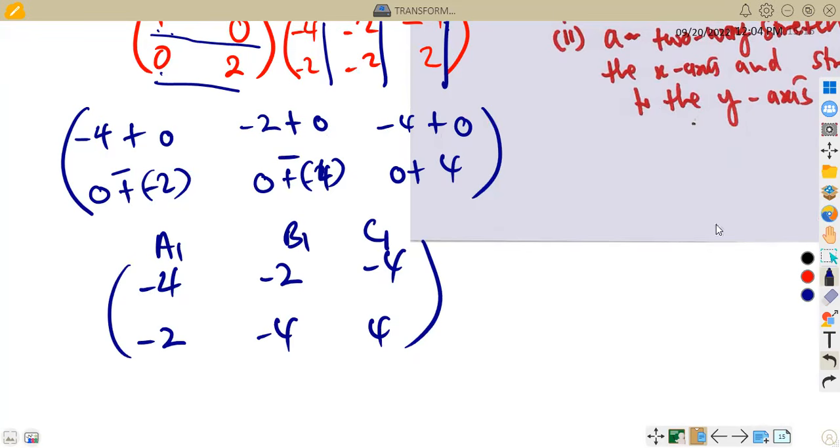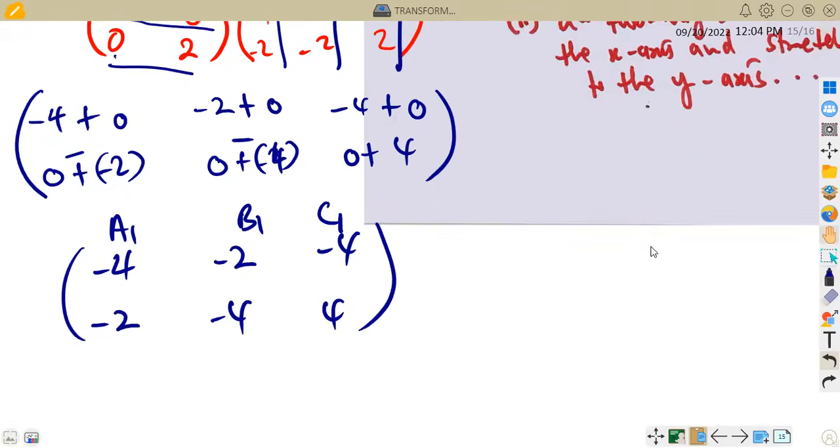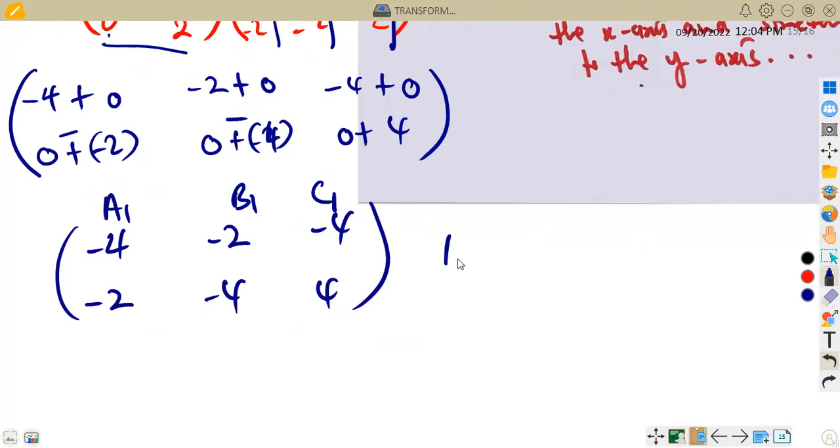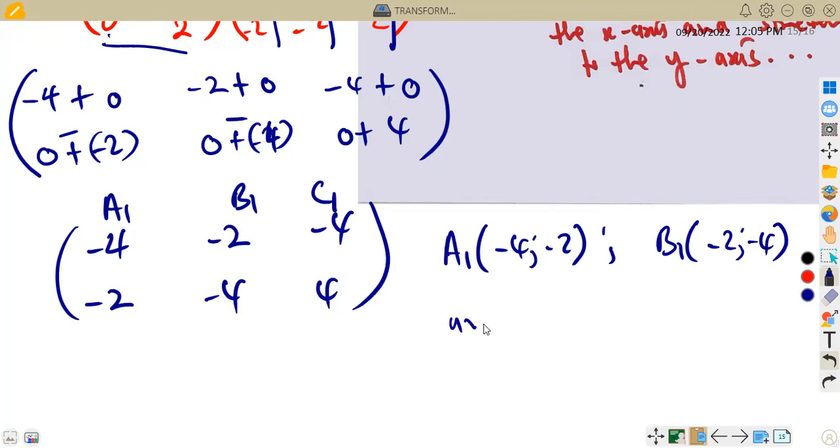But you're supposed to write these as coordinates now. So A1 is negative 4, negative 2. B1 is negative 2, negative 4, and our C1, which is negative 4, 4.